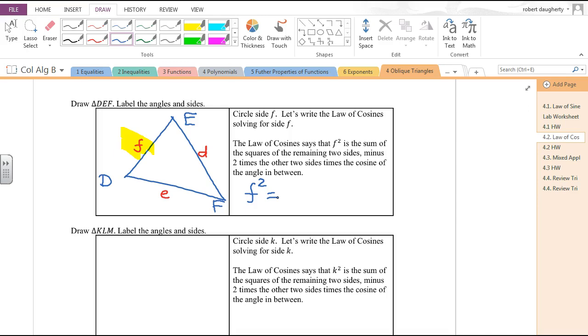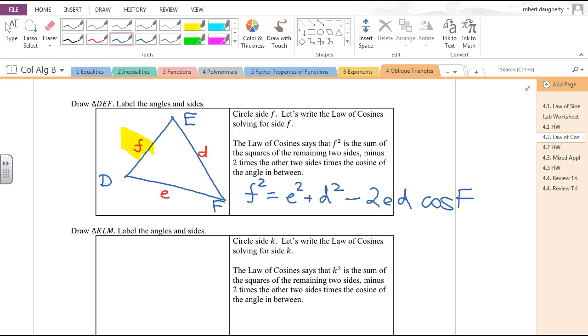So it's E squared plus D squared, minus 2, and then you multiply E and D together, and then the cosine of the angle in between. The angle in between E and D is what angle? F. So like I said, the formula is going to be on your test, but you need to know that this is how this allows me to solve for side F using this formula.